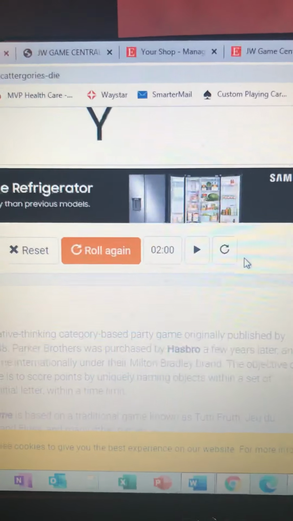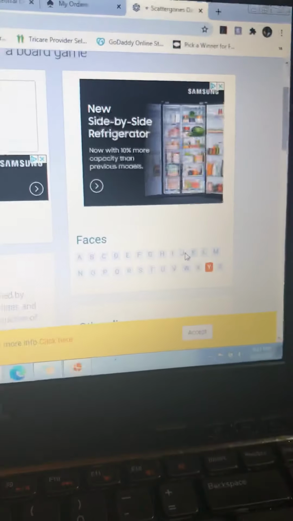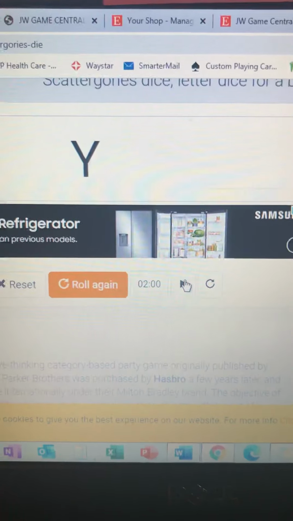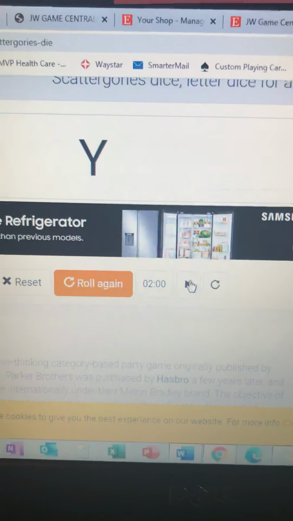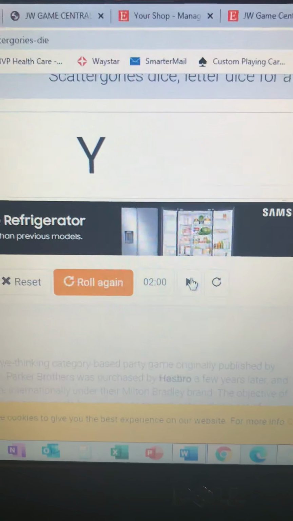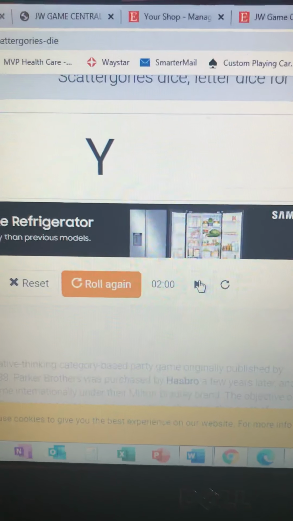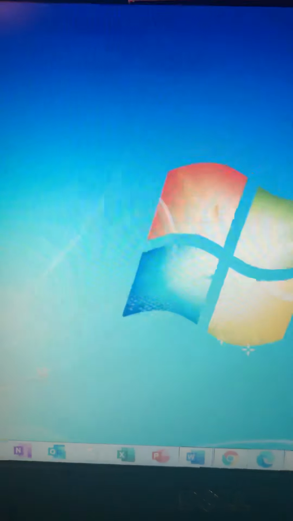Unlike the traditional Scattergories die, this one also has all 26 letters. This website also has a timer, because you do need a timer for this game. Most people have their phones, but just in case someone's using their phone for something else, this website does have a timer.